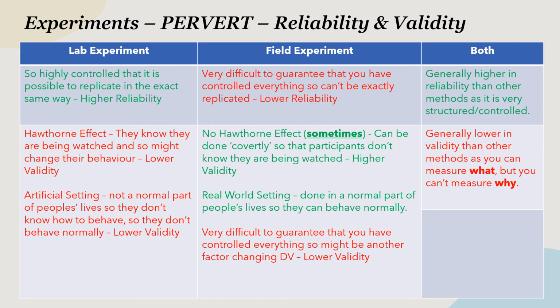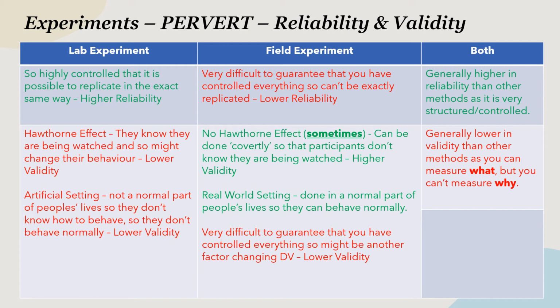The other thing about a lab experiment that means it's low in validity is it's not a real world setting. Whenever you go to a place that you've never been to before, in an environment that you've never been to before, and you don't know what to expect, you don't behave in a natural way because you're wondering what the right way to behave is.